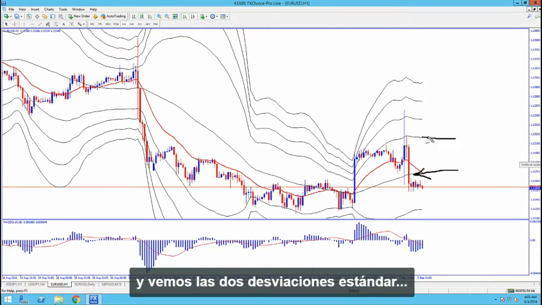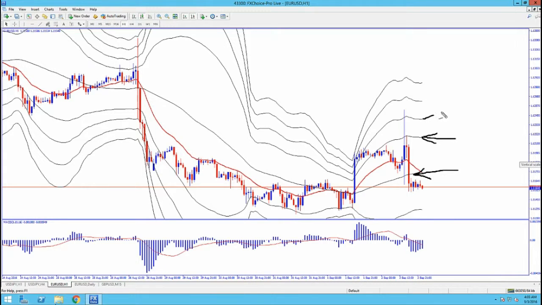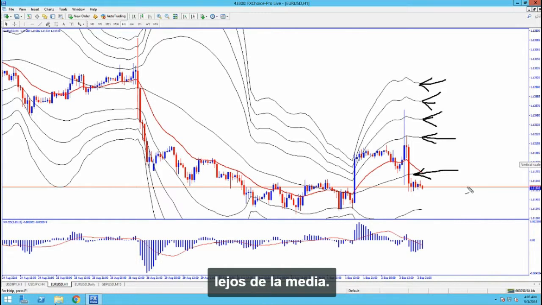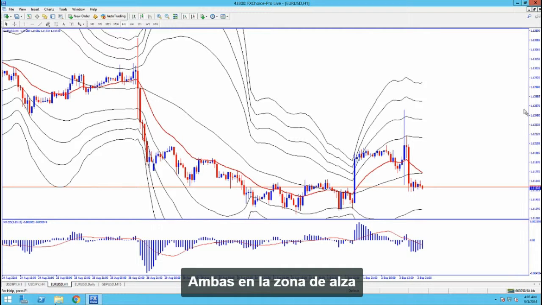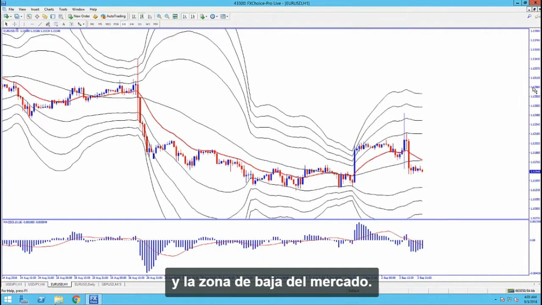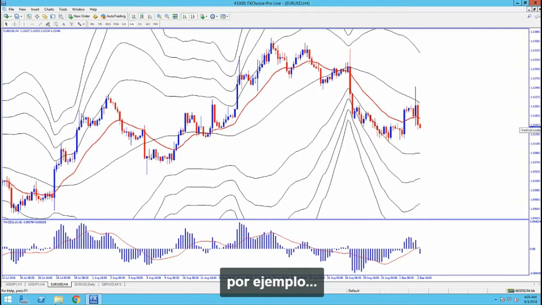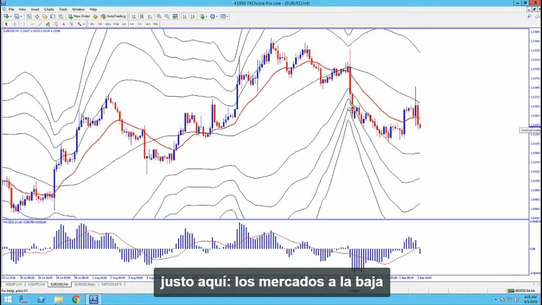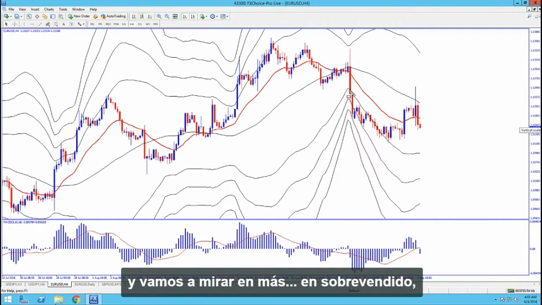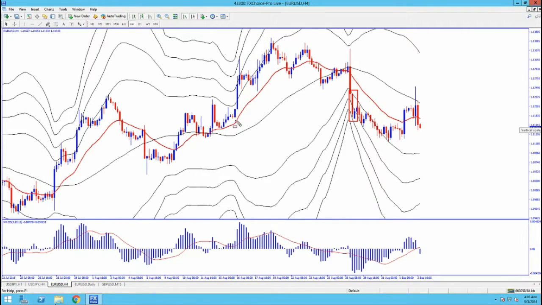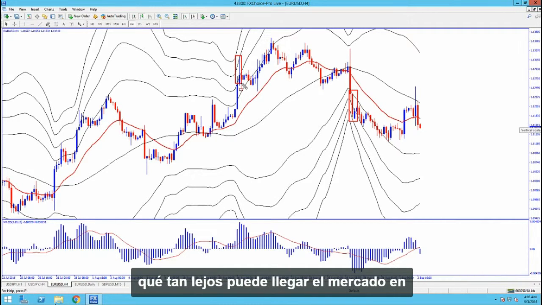And we look at 2 standard deviations, 3 standard deviations, 4 standard deviations, and 5 standard deviations away from the mean, both on the upside and the downside of the market. It tends to help when you're looking at trend. For example, right in here, market's flushing down, and we're looking at more oversold, more oversold conditions. When you're moving up, we look at how far can the market go in an overbought condition.